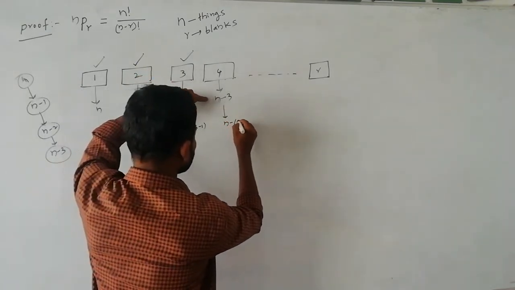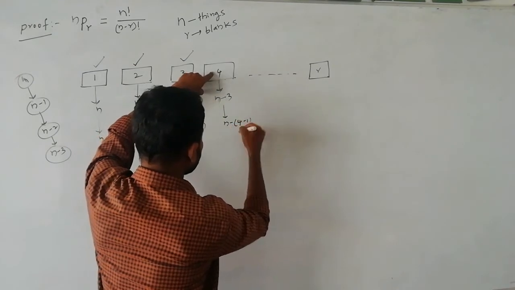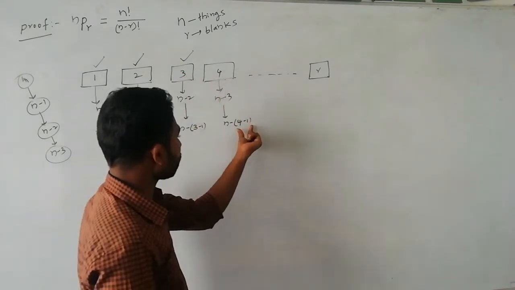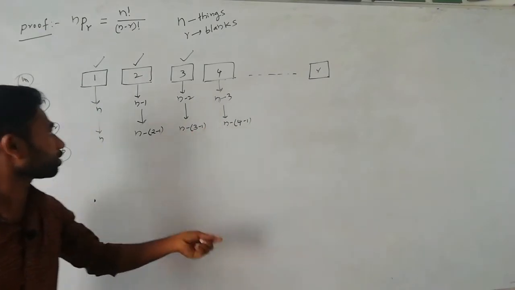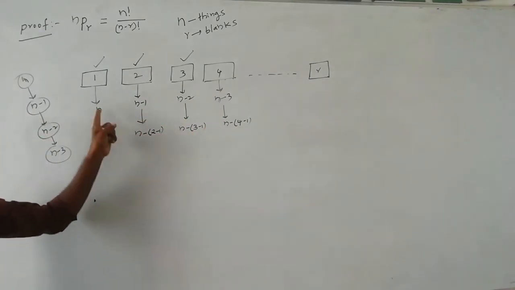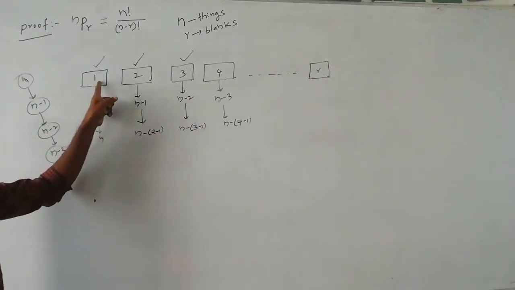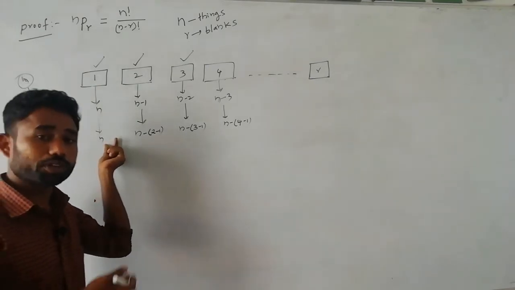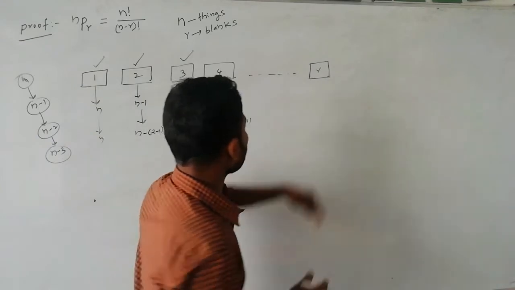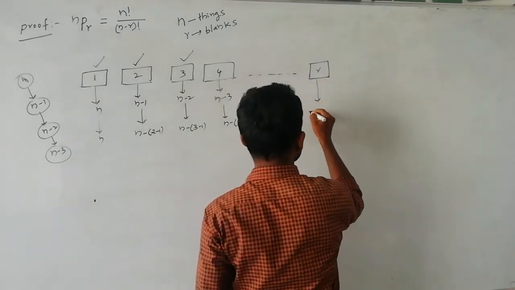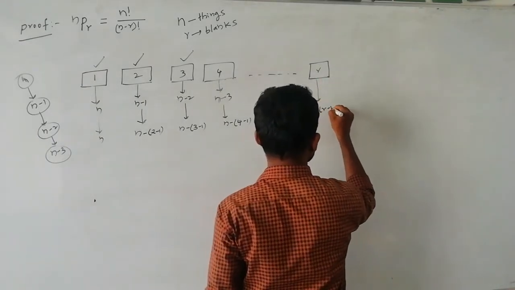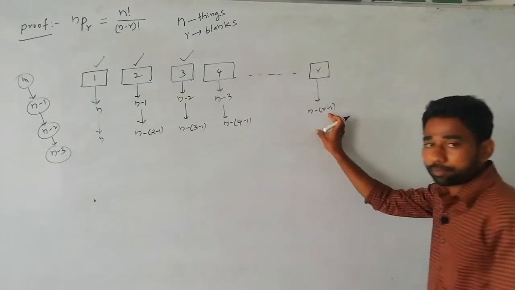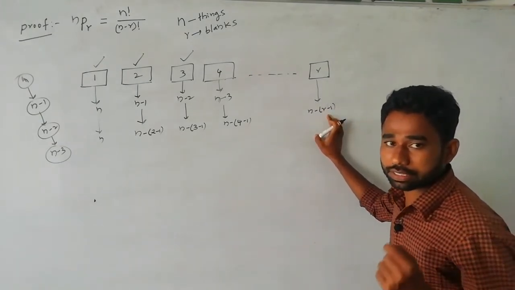Here n minus (blank number 4 minus 1), that is 3. For blank 3 we write 3 minus 1, that is 2. For blank 2 we write 2 minus 1, that is 1. For blank number 1, we write 1 minus 1, that is 0. So we got it now: blank number minus 1.